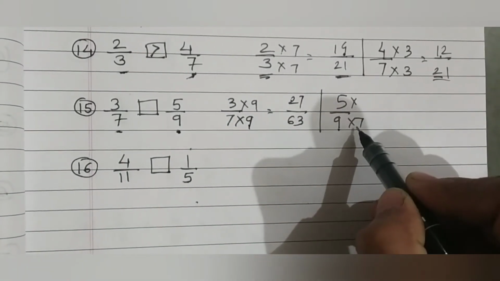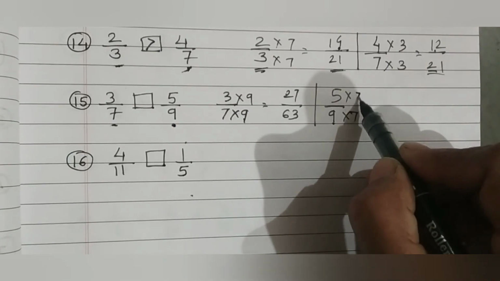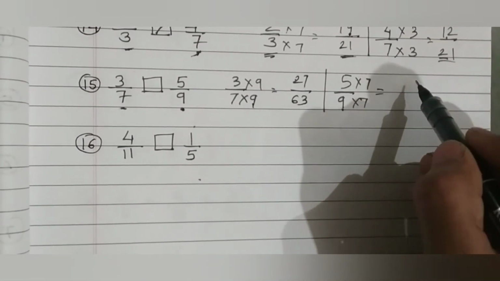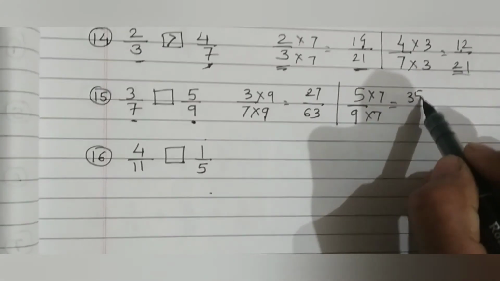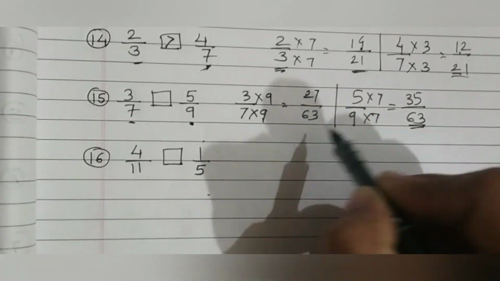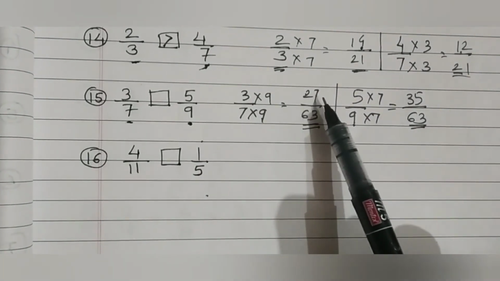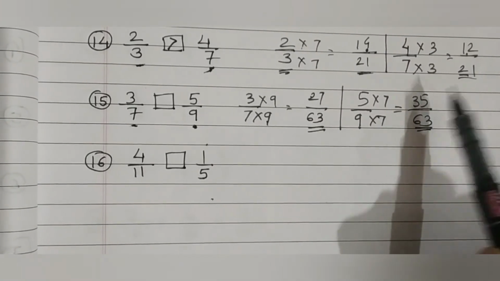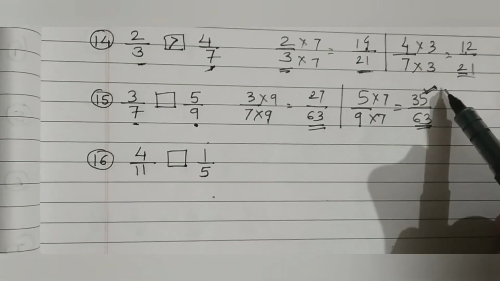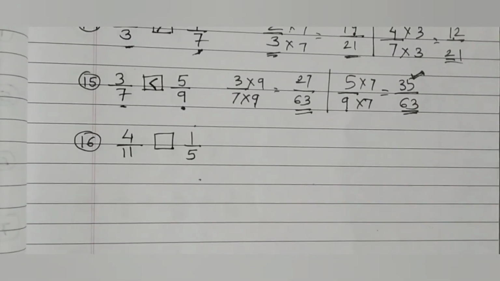So here also 9 multiplied by 7, you will get 63, right? So here also you have to multiply with 7 only. 7 5s are 35 and 9 7s are 63. So same denominators. Now let's check numerators. Here 27 and here 35, right? So this is a greater numerator. So greater numerator, that is the greater fraction. So we got answer like this.